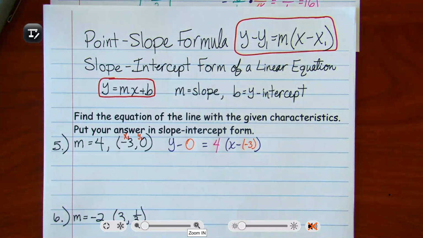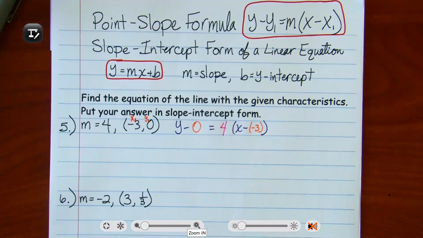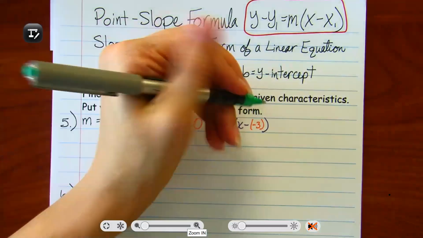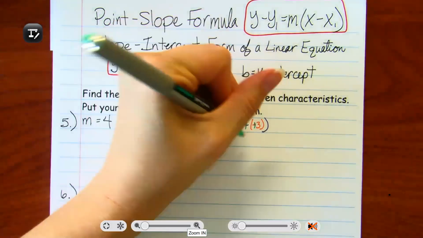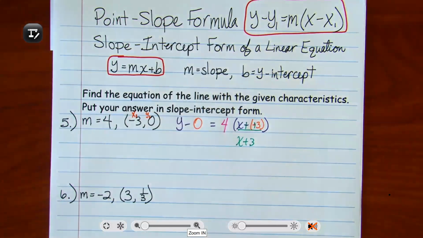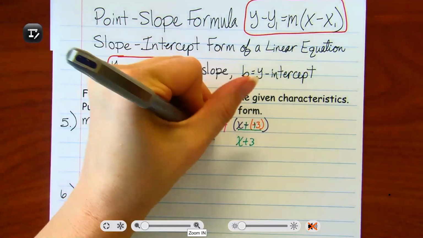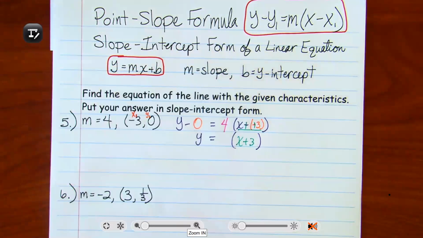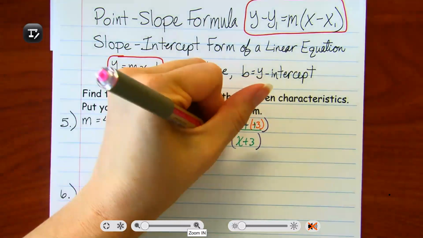So now everything's plugged in. After that, all I need to do now is simplify it. So minus a negative is a plus, so that's going to turn into x plus 3. And y minus 0 is just y, so that's y equals 4 times x plus 3.